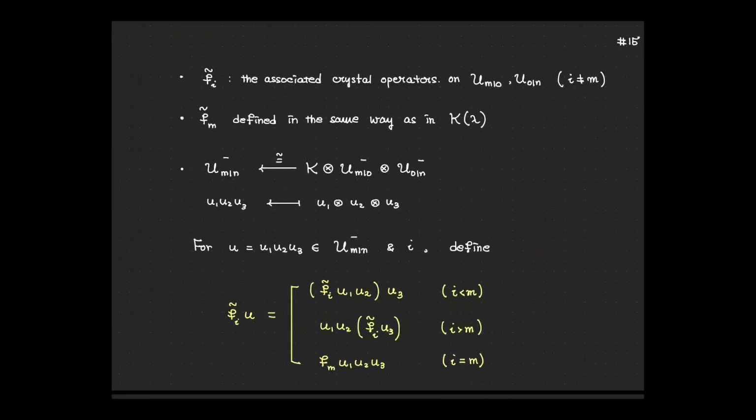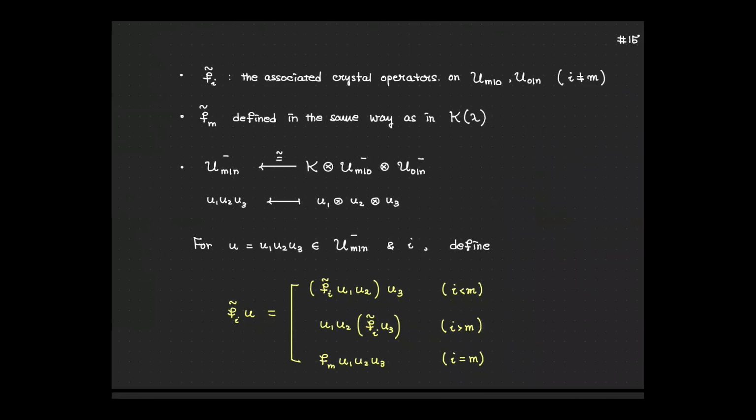So we define the crystal operators for the non-odd roots in the usual ways. For M0, we define the crystal operator in the usual sense, and for 0n, we also define the crystal operators, but considering the isomorphism psi with the usual quantum group.